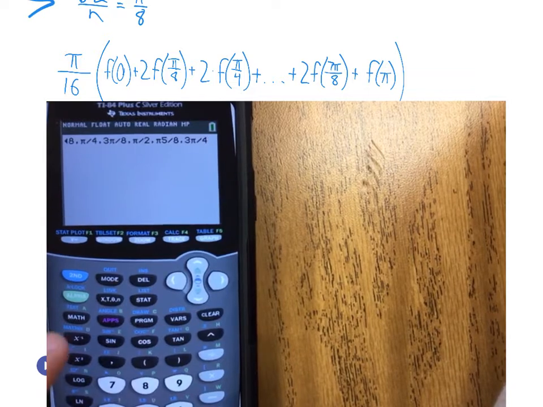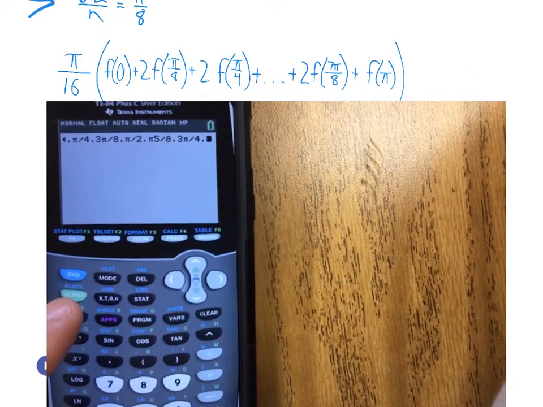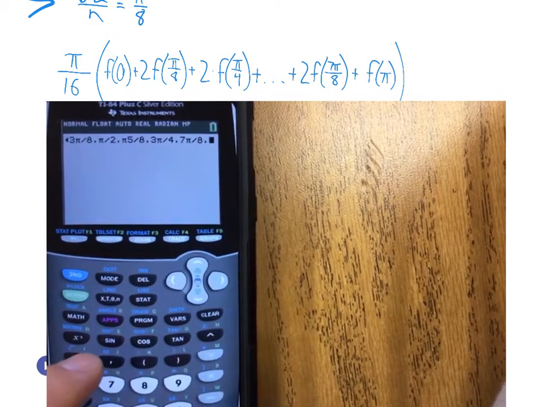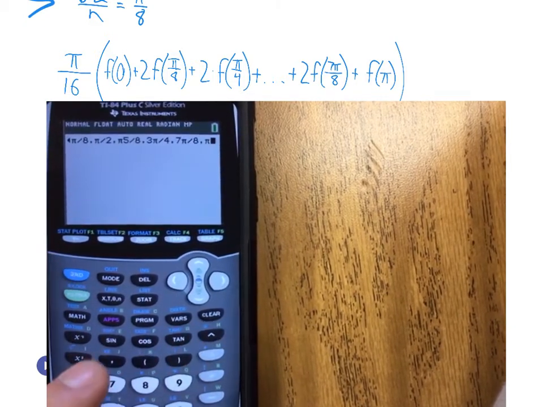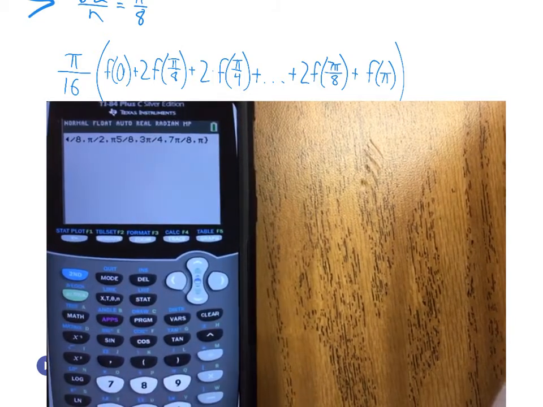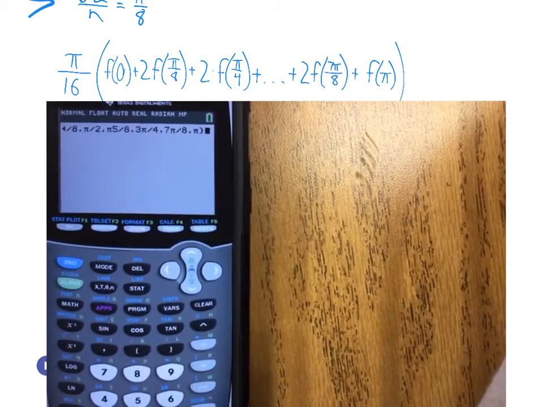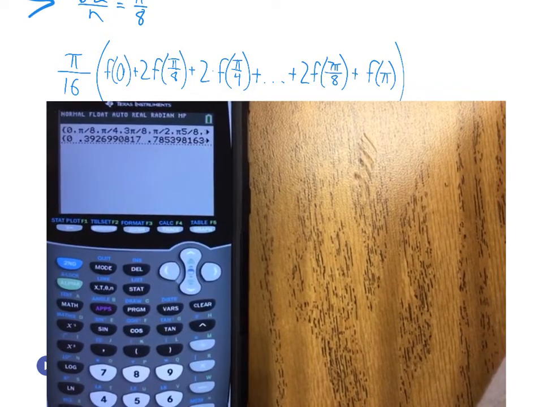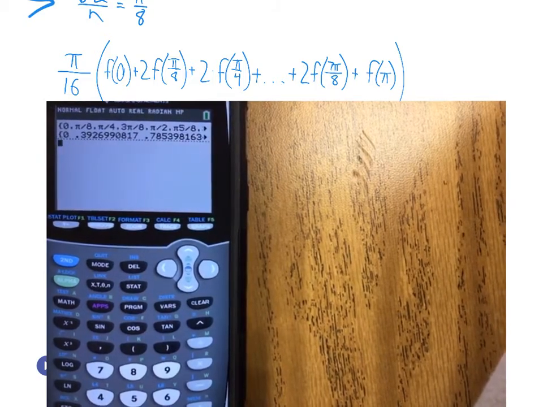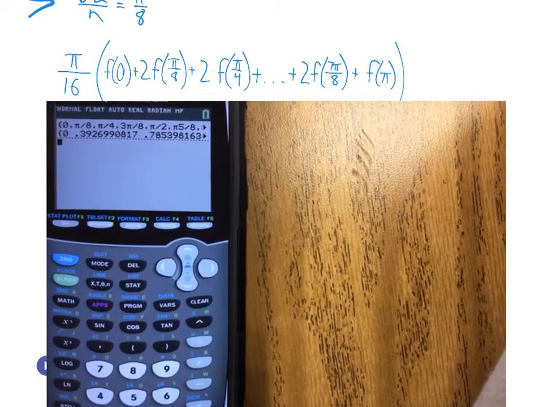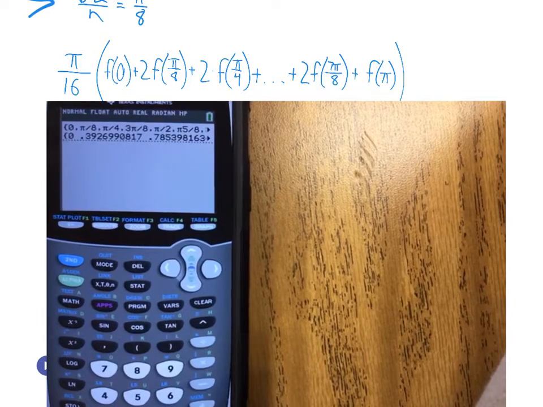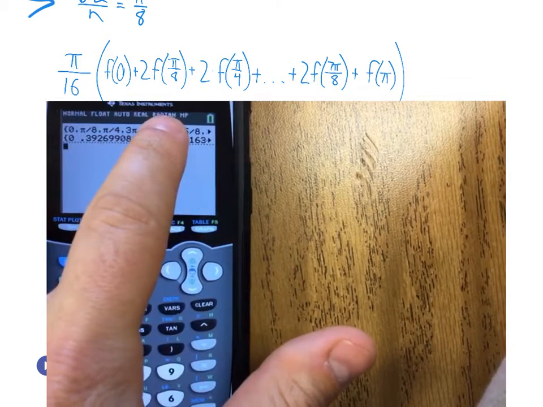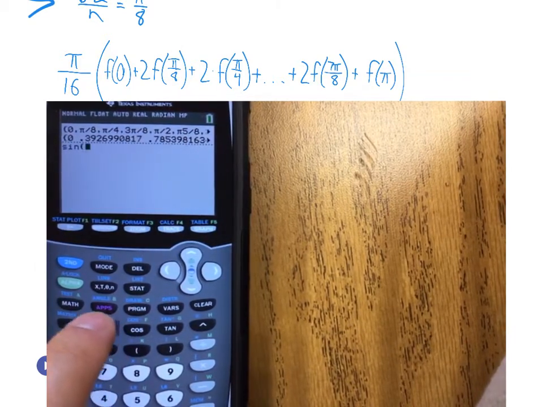Okay. And then I need 5 pi over 8. And then I need 6 pi over 8, which is 3 pi over 4. 3 pi divided by 4, comma. And then I need 7 pi over 8, so 7 pi divided by 8, comma. And then 8 pi over 8 is pi. Okay? Now I'm going to close the curly bracket right there.